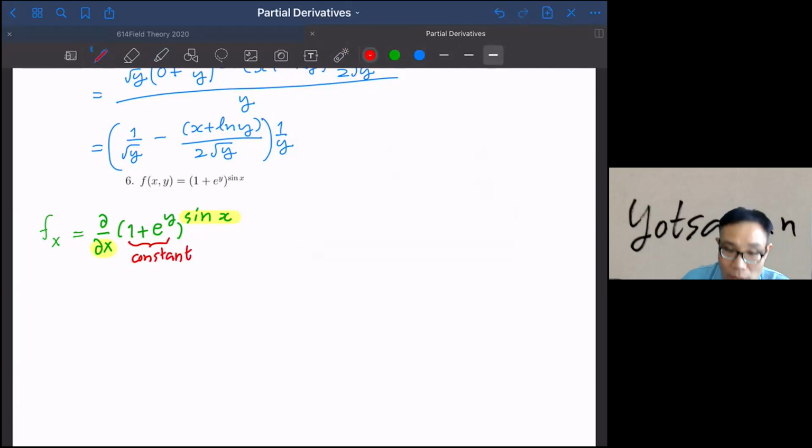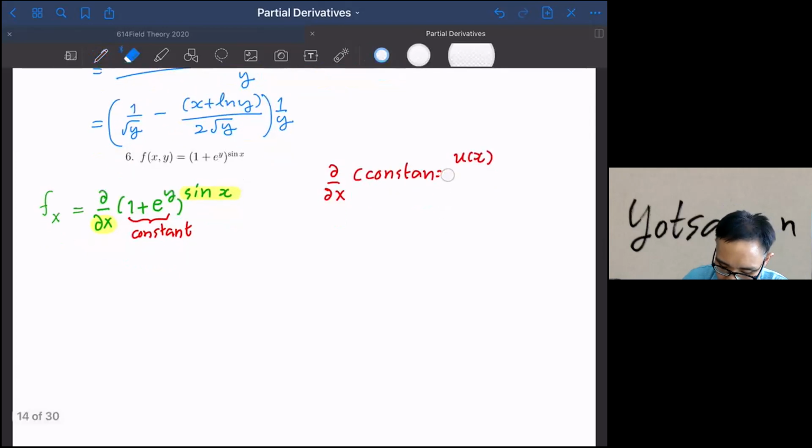So we have a function of the form d/dx of a constant raised to u(x).